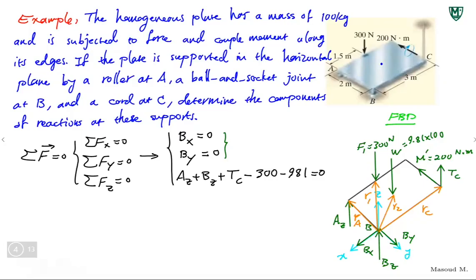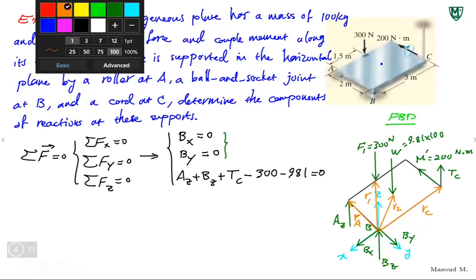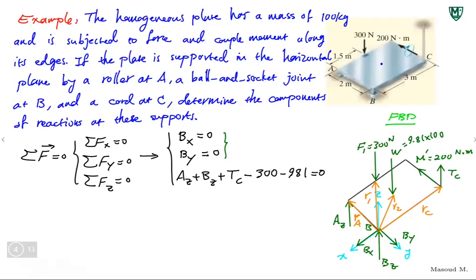We have point B. Let's just find the points one by one. Point B is 0, 0, 0. It's the origin. That's easy to do.